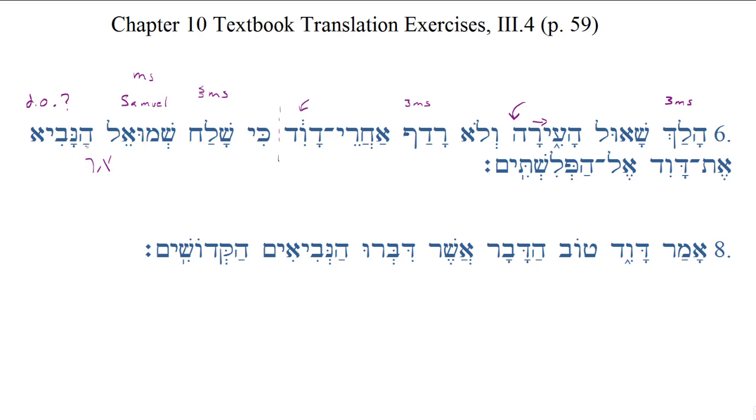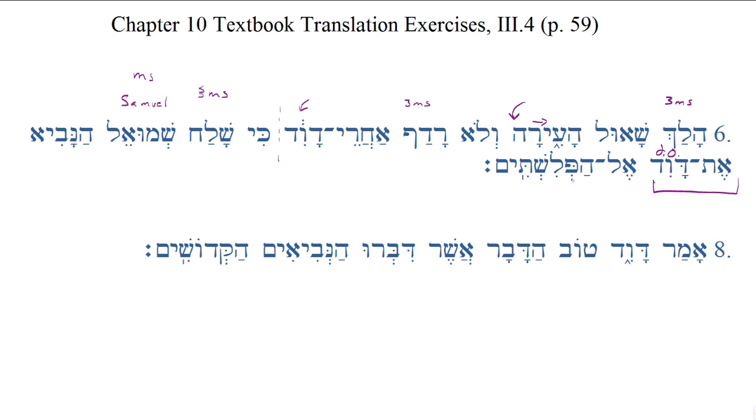In poetry you might not, but in narrative kinds of contexts you will always see the direct object marker with a definite noun. And secondly, we come over here and we see that there's a direct object marker with David. And so we have a direct object. This means that hanavi is not a direct object. What it is doing here is it's describing Samuel. So we have Samuel, the prophet, sent David, et David, here's the direct object now.